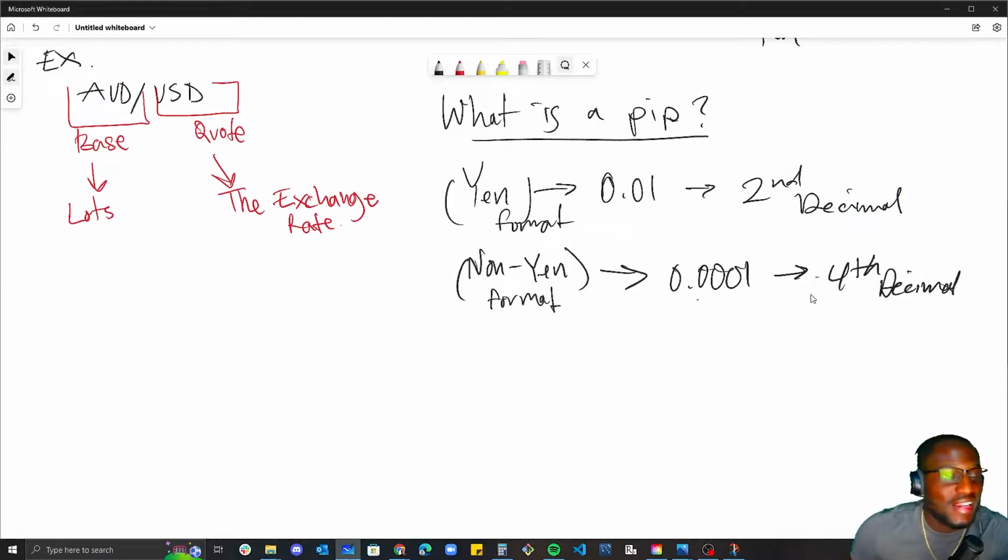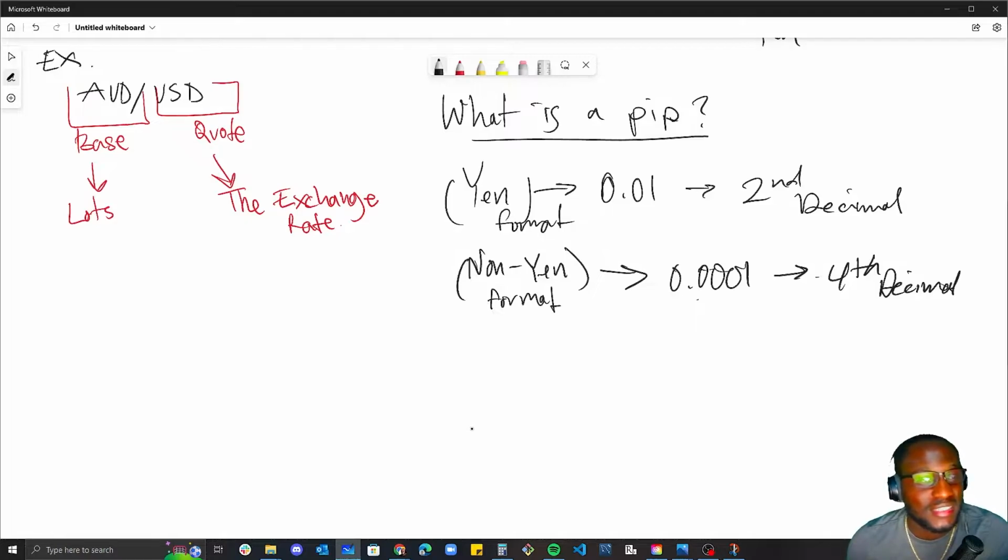So what is a pip really? It's a simple concept used in the foreign exchange market, and it's used as a unit of measure to express the change within an exchange rate.